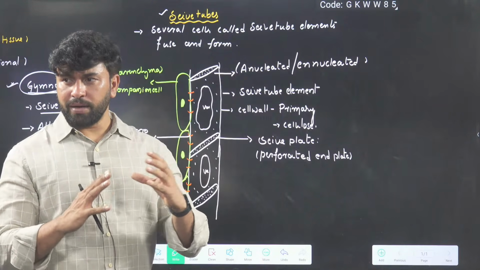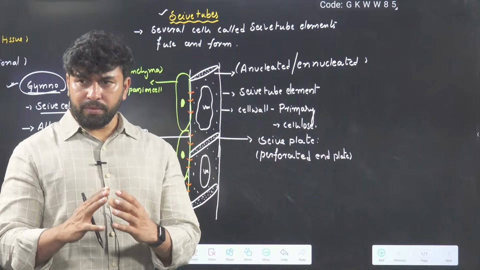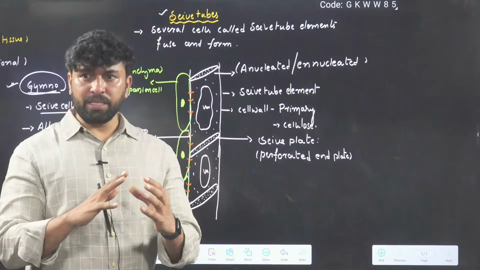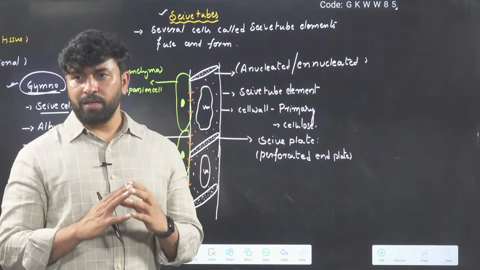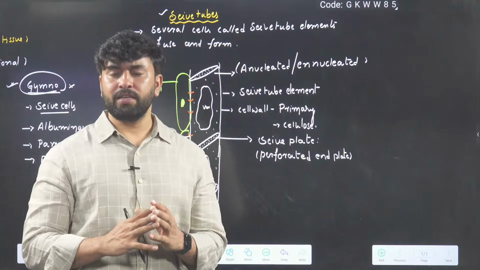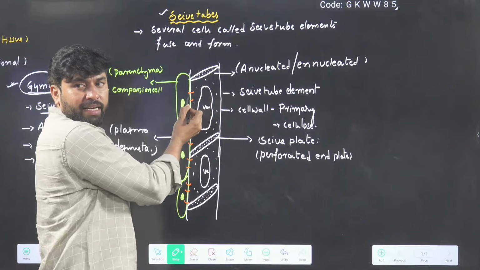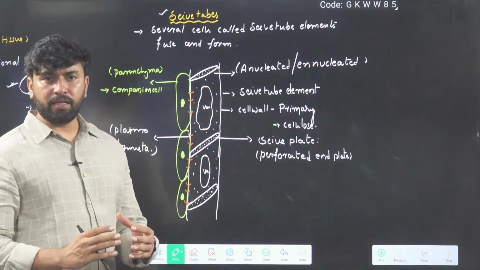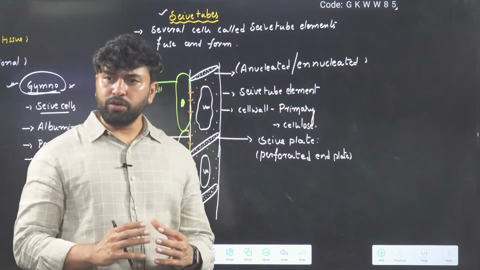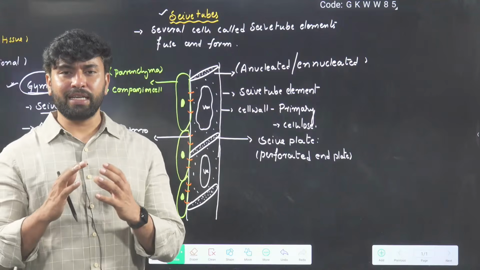Companion cell is a parenchyma, and the sieve tube, as already mentioned, has a primary wall. Both will have pit fields. The pit fields will help one cell's cytoplasm get connected to another cell. In other words, the sieve tube cytoplasm and the companion cell cytoplasm get connected.